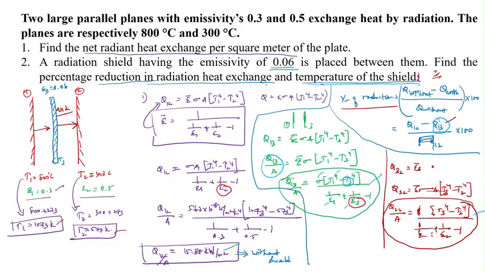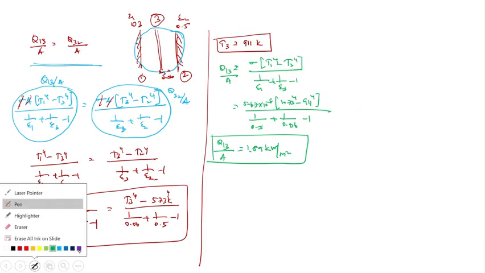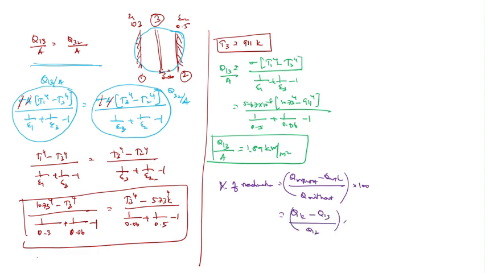So now we find how much percentage of reduction. The percentage of reduction can be calculated as Q without minus Q with, divided by Q without, into 100. That is Q122 minus Q123 divided by Q122 into 100.